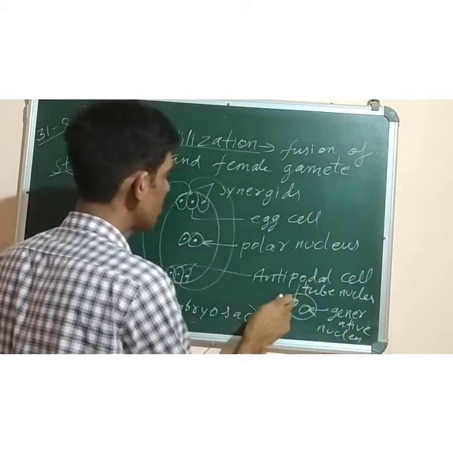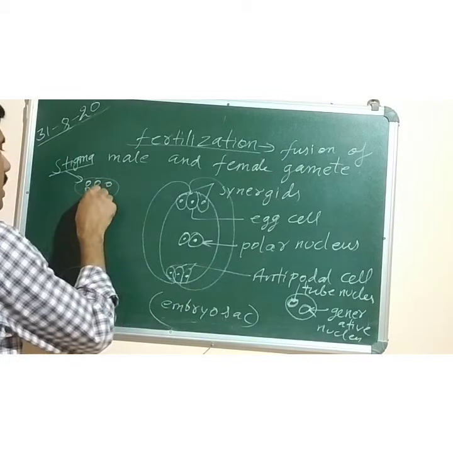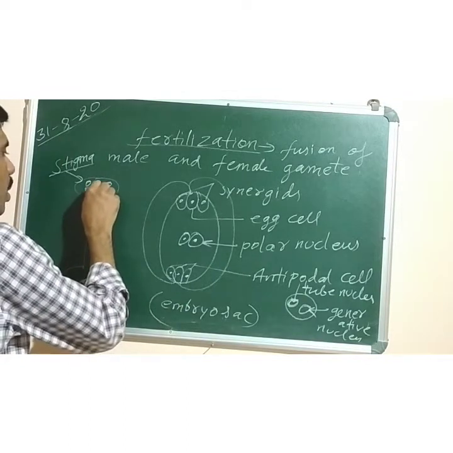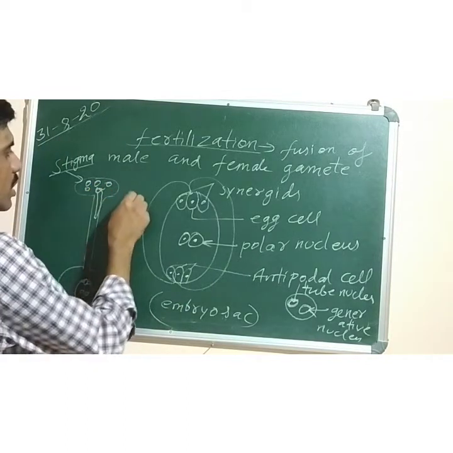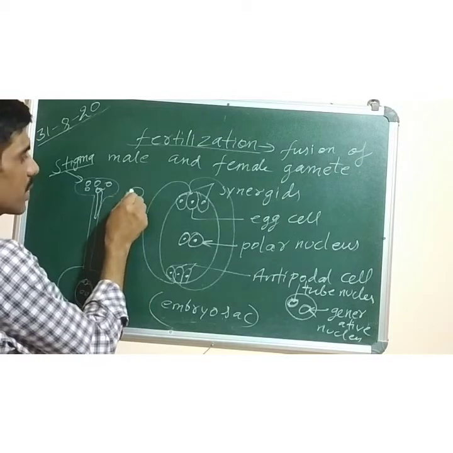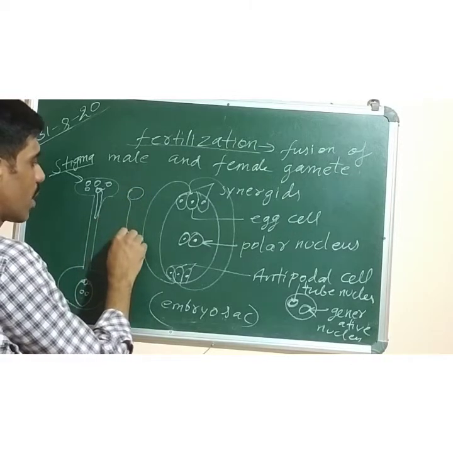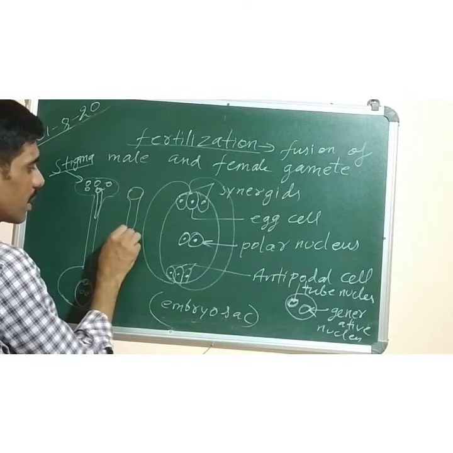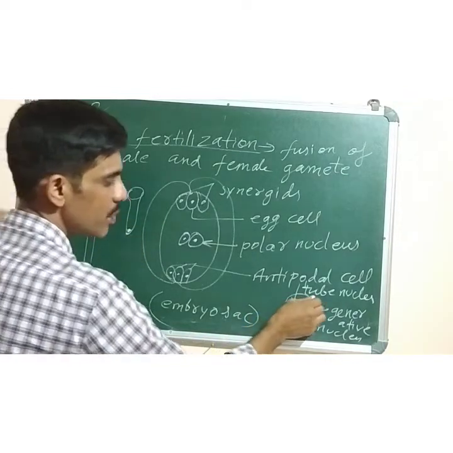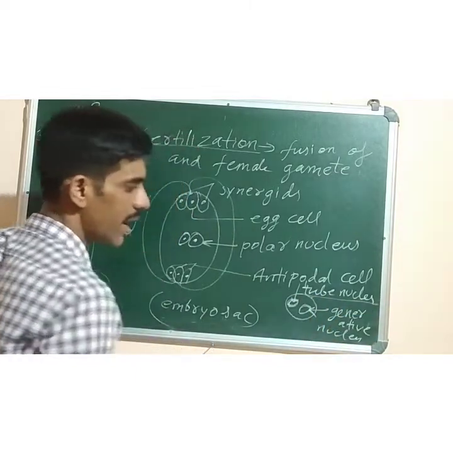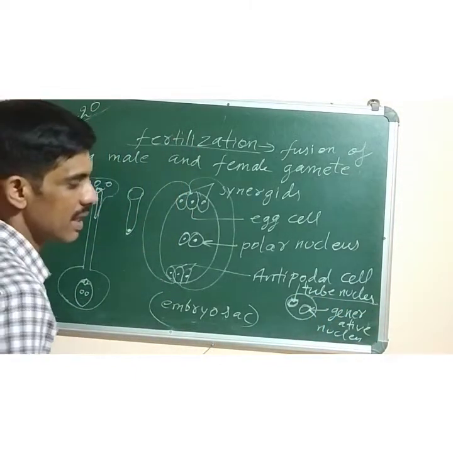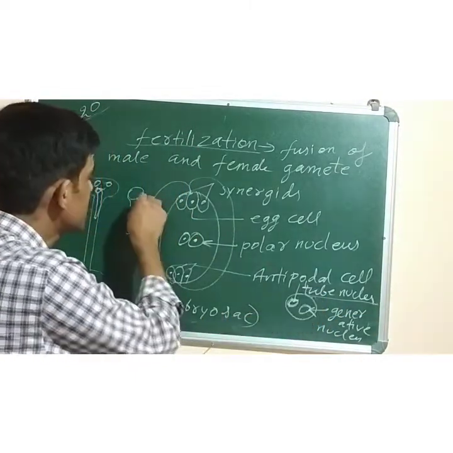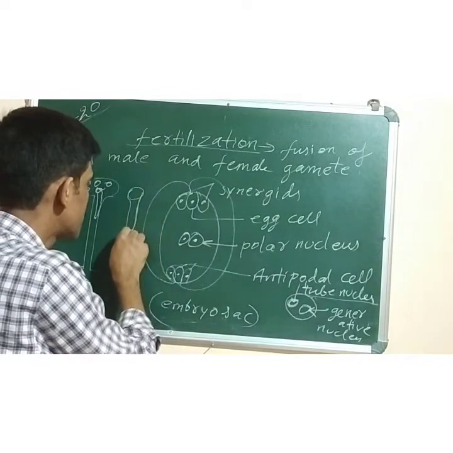Tube nucleus is the one which will germinate and form a long pollen tube. So suppose this is the pollen grain, it will germinate and form a long pollen tube like this. And this pollen tube, at the tip, will contain this tube nucleus, whose function is to help in the formation of the pollen tube.